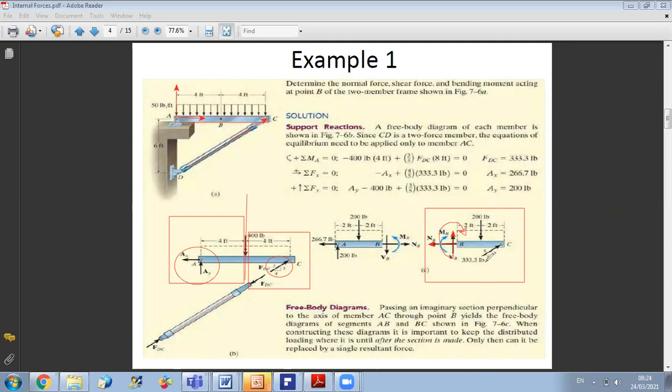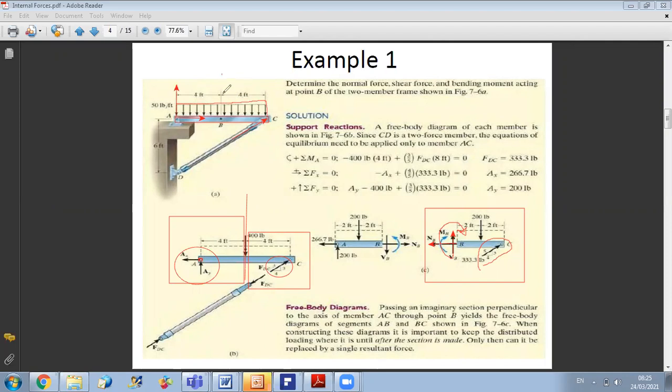To get them, I need to determine before what FDC is. Now to get FDC, I just need one equation, because if I take the whole beam and do the sum of moments about A, AX and AY will not produce moments, so I will have only the moment of FDC. Now you have a distributed load acting on your beam, but you can reduce this distributed load to one equivalent force.